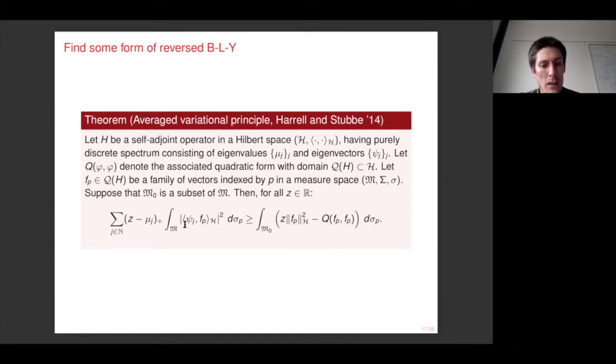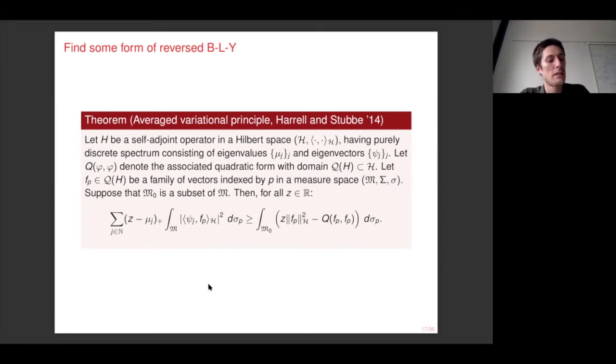So here the scalar product is not the L2 scalar product, but it's the L2 scalar product of gradients. And this complicates quite much the choice of an effective family of vectors to be chosen in order to apply the variational principle. However, we somehow managed to apply this principle to obtain some results.